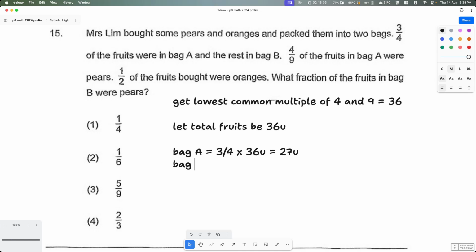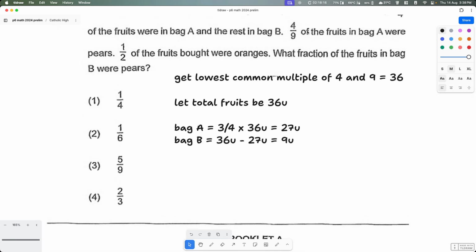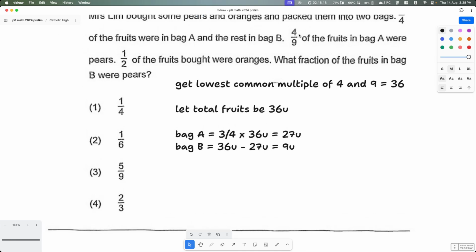So bag B is equal to 36 minus 27 units, which gives us 9 units. Now 4/9 of bag A are pears. So bag A pears is equal to 4 out of 9 times 27 units of bag A, which is equal to 12 units.